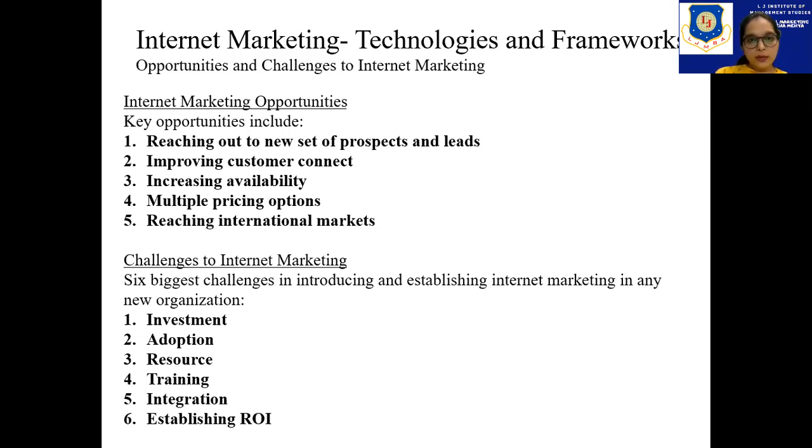So again, it would require investment, resources, training and all, right? And establishing return on investment. Whatever investment and resources you are putting into internet marketing, whether you are getting a return on it or not. Establishing that would be a little challenging.